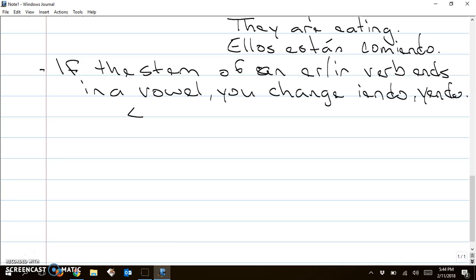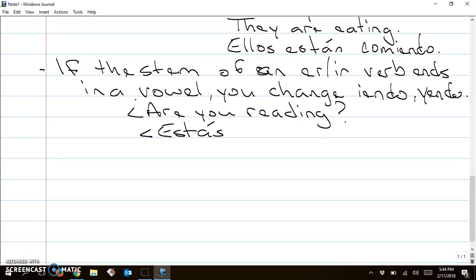So let's do a question. Are you reading? Well, are you? Estás? Now, the verb for to read is leer. So, estás leyendo. Are you reading? That's all I've got there.